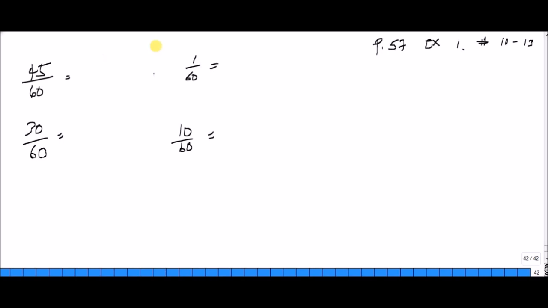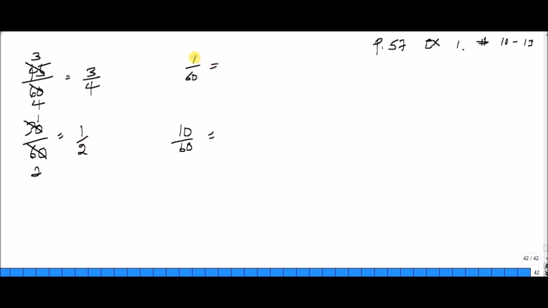So 45, what is 45 minutes of 60 in fractions? So 15 into 45 would go 3, and 15 into 60 would go 4 times. So it would be 3/4 of an hour. 30 minutes of an hour as a fraction. 30 into itself one time, and 30 into 60 goes 2 times, so it would be a half.